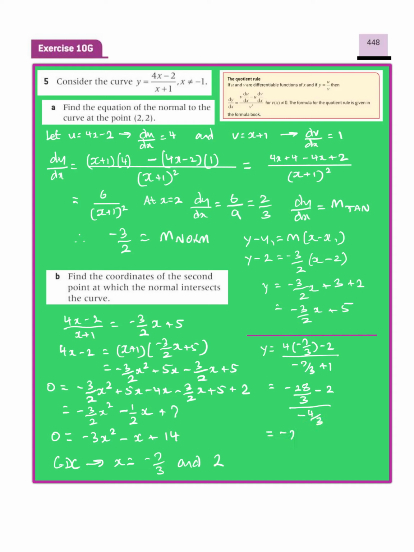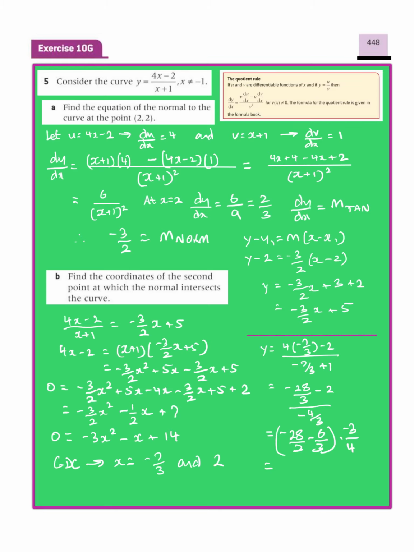That's going to be (minus 28 on 3 minus 6 on 3) multiplied by minus 3 on 4. Lucky for us, these are divided by 3 and also multiplied by 3. So inside the bracket is now 28 plus 6, divided by 4. So 28 plus 6 is 34, 34 on 4, and that equals 17 on 2.